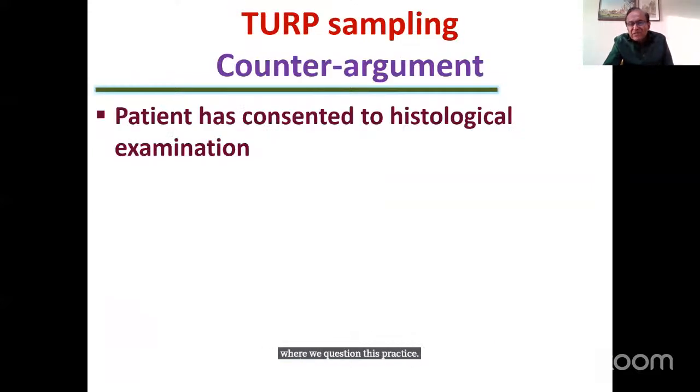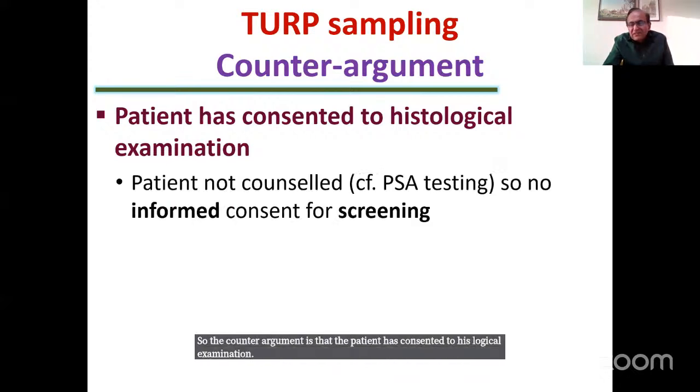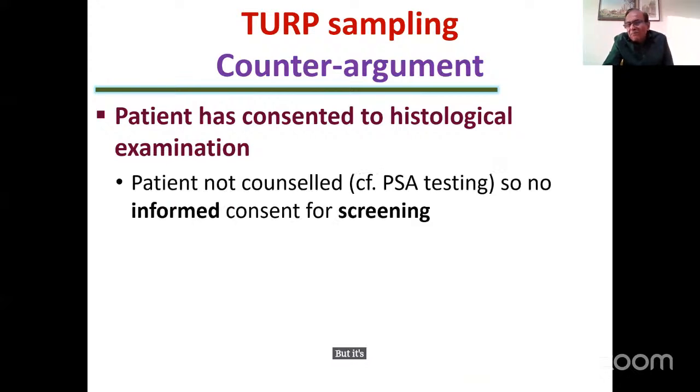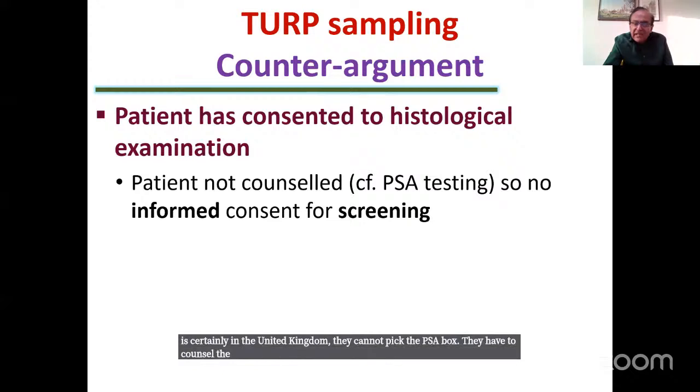So the counter argument is that the patient has consented to histological examination, but it's like PSA. Just because the patient has consented to a blood test, certainly in the United Kingdom, they cannot tick the PSA box. They have to counsel the patient about the risks of incidental cancer before they tick the PSA box.